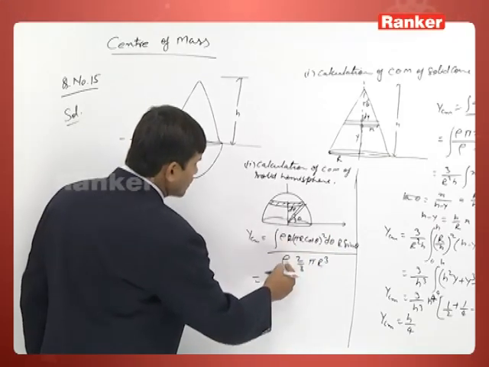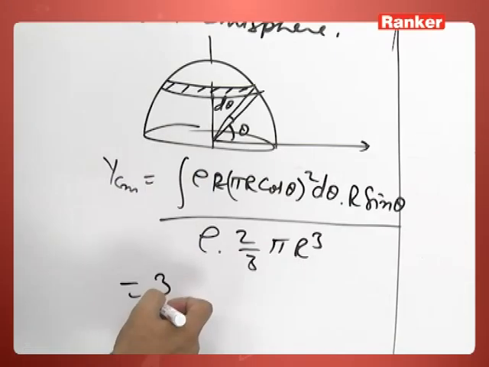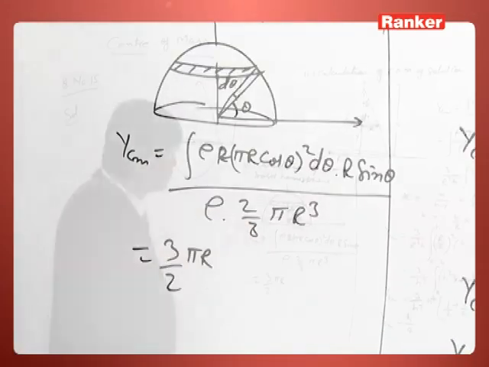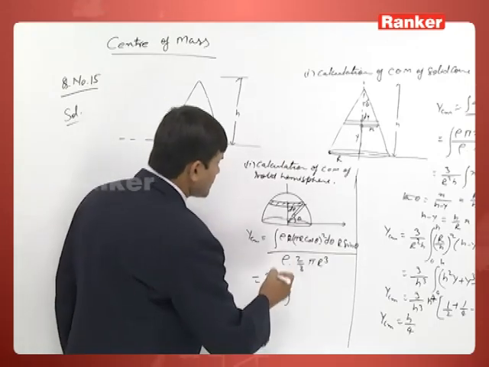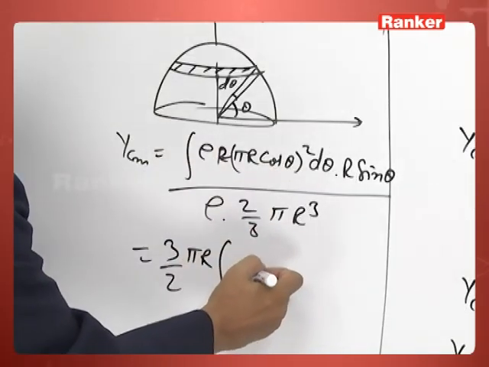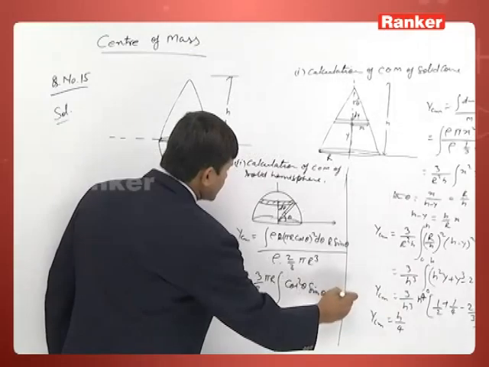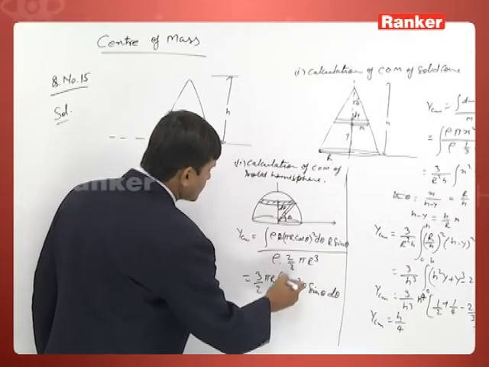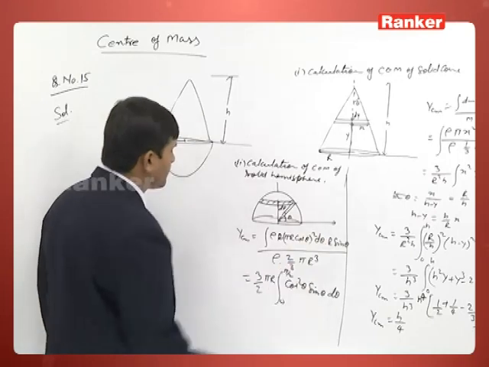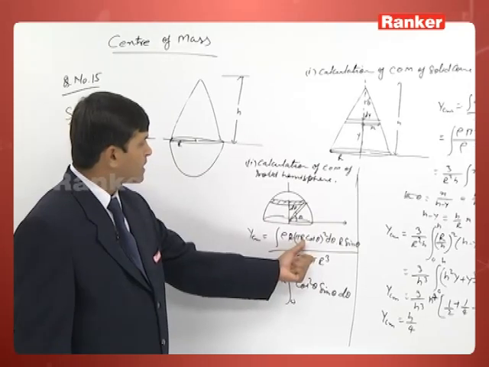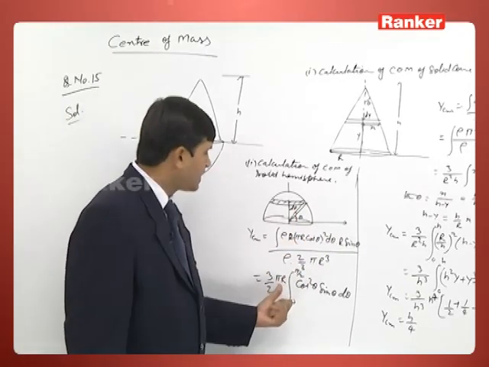So rho and rho cancel. 3 by 2 pi into r. Then we can integrate cos square theta sin theta d theta, with limit of integration 0 to pi by 2. Pi square r to the power 4, so pi r will be there.